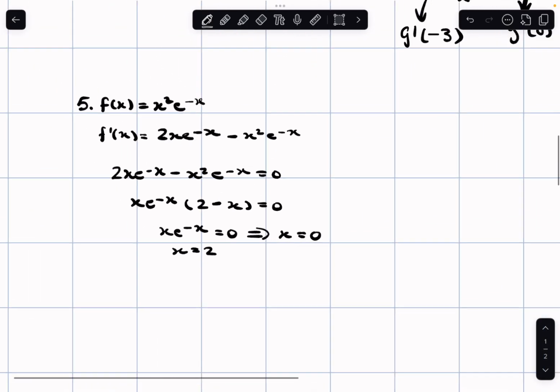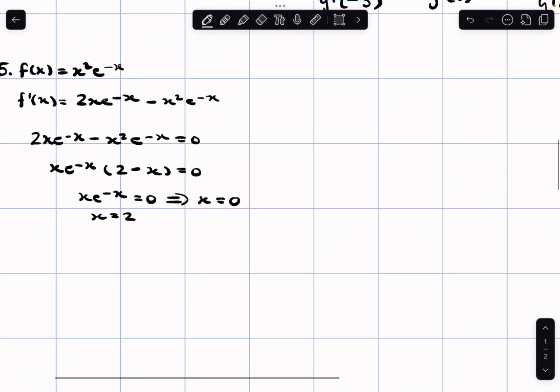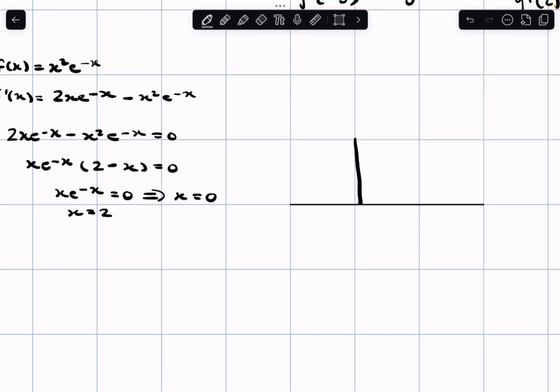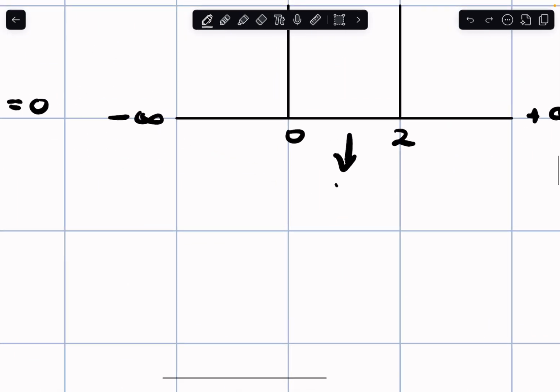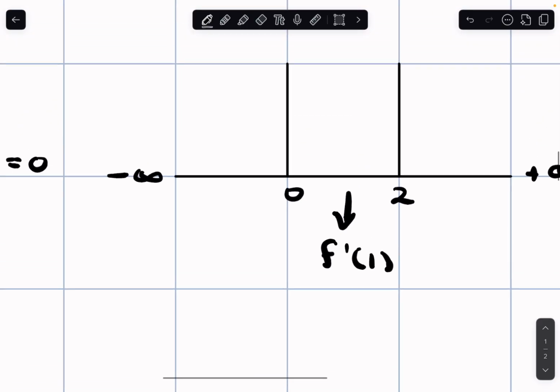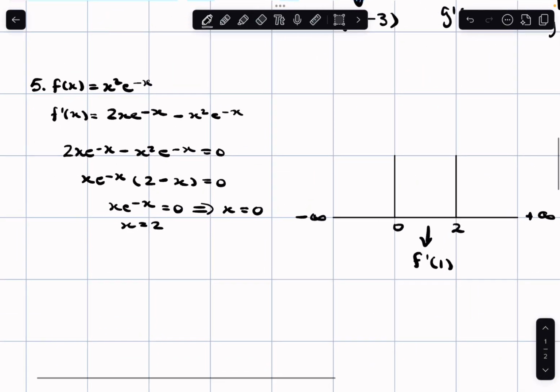So let's make our sign chart. I'll put 0 here, 2 here, and then our infinities on both sides. Then it's now a matter of just plugging in. So 1 is between 0 and 2, so it's going to be f prime of 1.